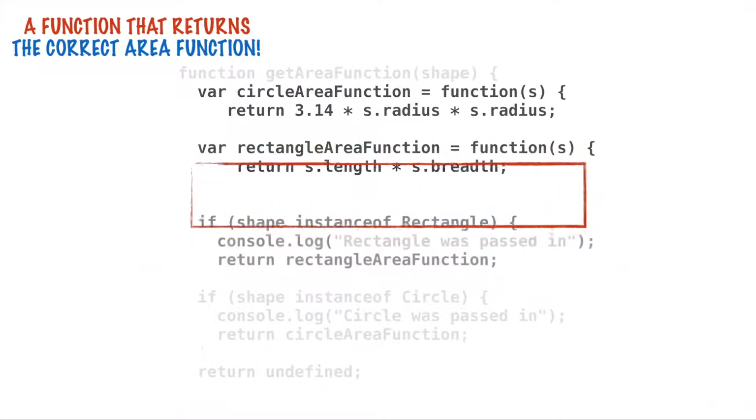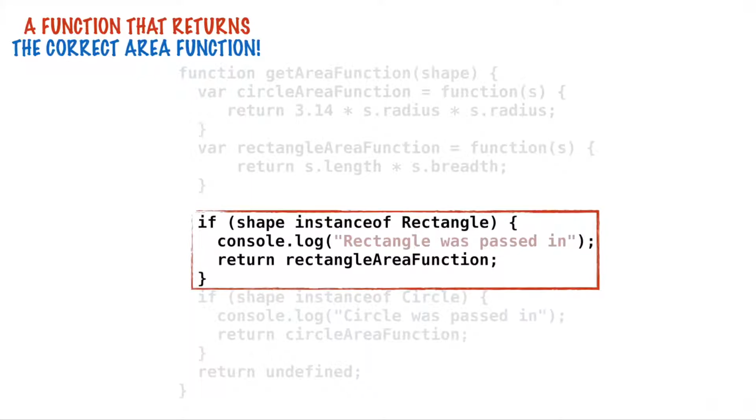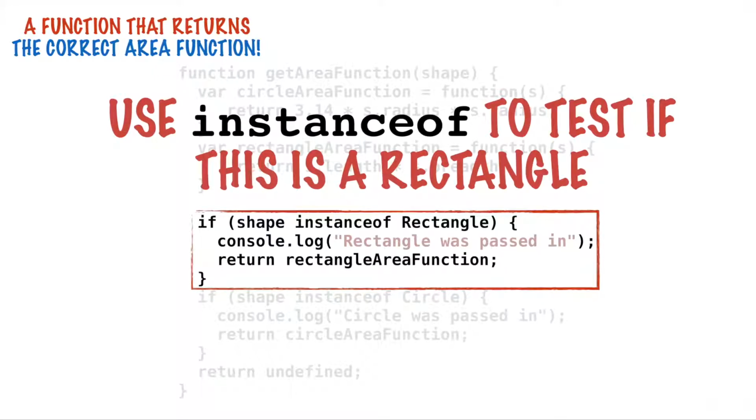Moving on to the next step. We'll check whether the input argument shape that's passed into the getArea function is an instance of a rectangle. So we use instance of to test whether the variable shape is a rectangle. If you remember how instance of is used, it will return true if the variable is a rectangle, it will return false otherwise.